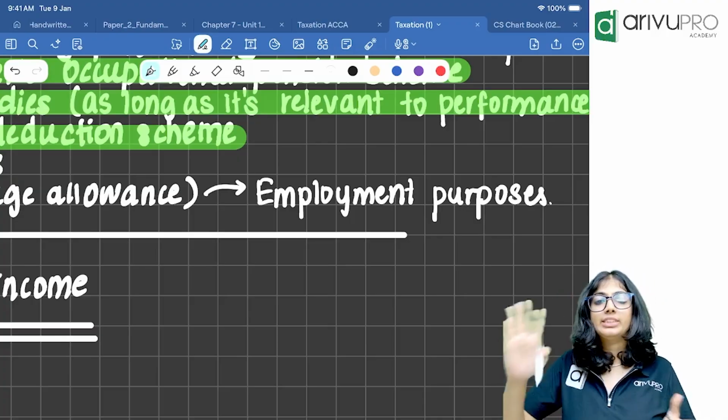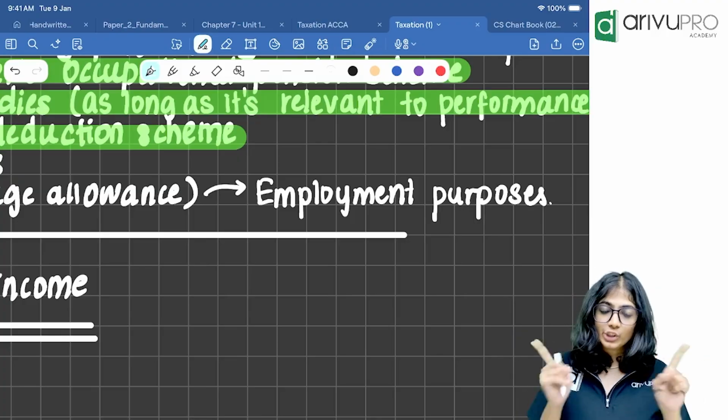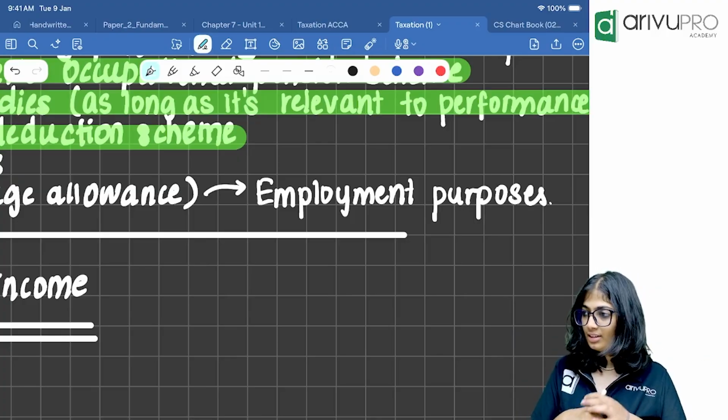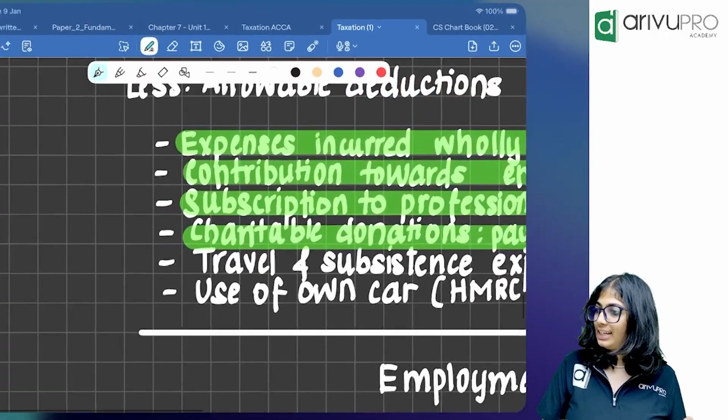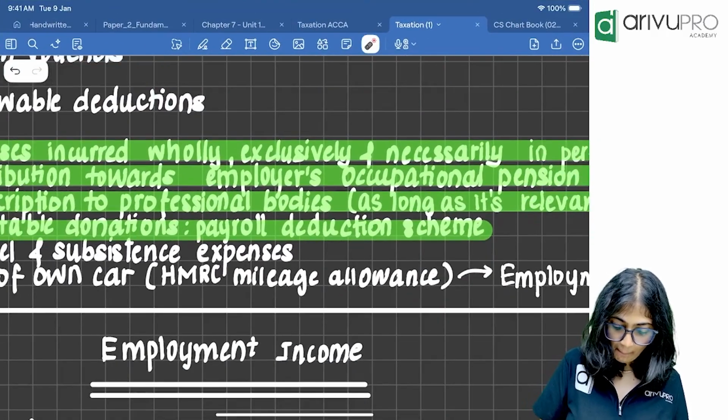For example, you have to visit a client. You're using your own vehicle to do that. Then this is an allowable deduction according to HMRC's mileage allowance.